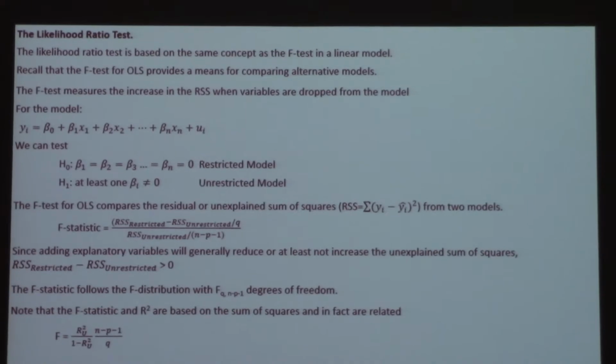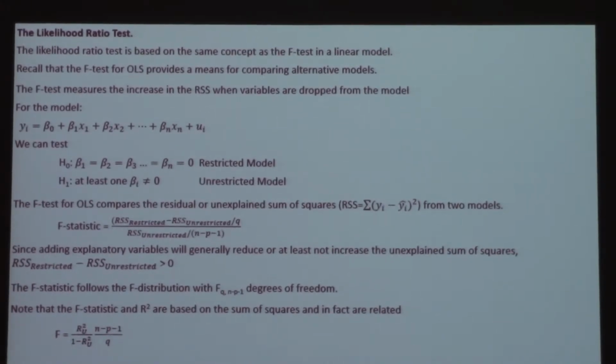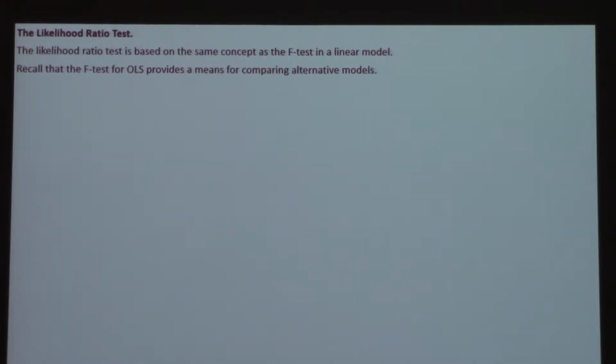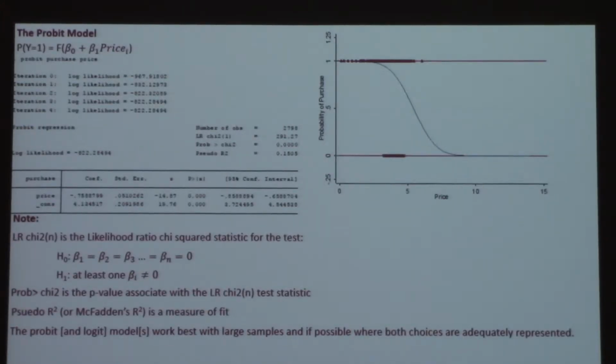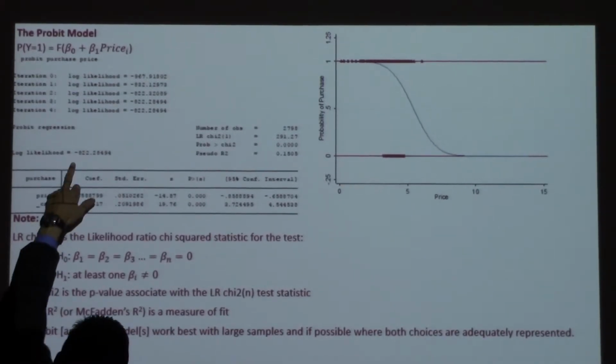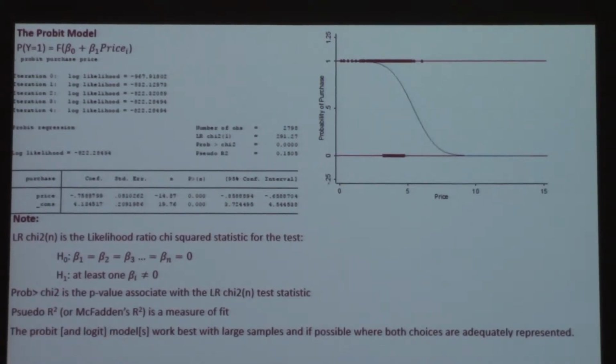So, yeah, essentially what we're doing is, again, like an F test: you run a restricted model, you run an unrestricted model, and then you compare the likelihood statistics.